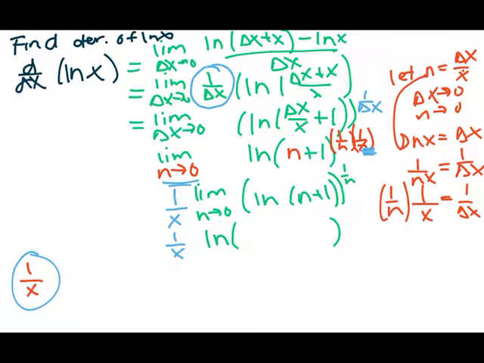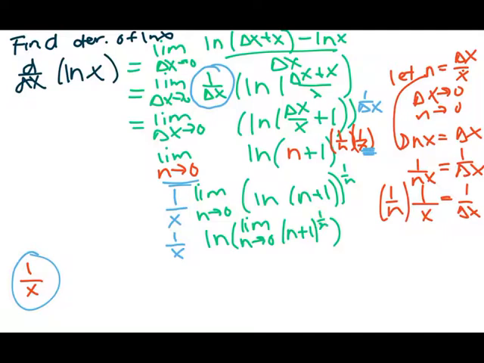The thing that's changing as n approaches 0 is this n plus 1 to the power of 1 over n, and I'm taking the natural log of that. So I'm going to rewrite this limit on the inside, which is fine because I'm still going to take the natural log of whatever that limit is, n plus 1 to the 1 over n.